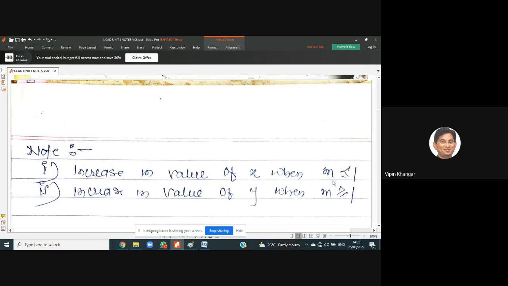And after calculating, if that slope is less than 1, okay, what will happen? Then you must go in the incremental of x, and if the slope is greater than 1, you must go for the incremental of y. So these things we have to remember whenever you are going to work on the generation of the line equation.